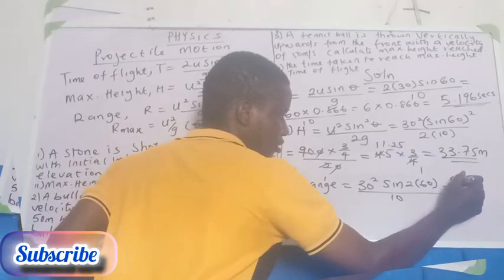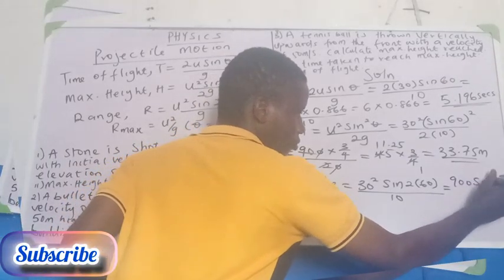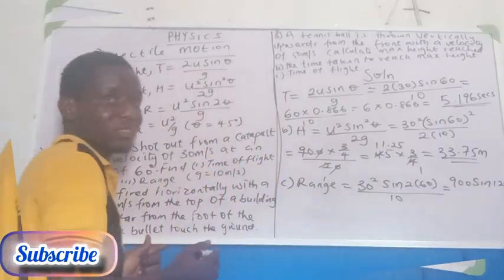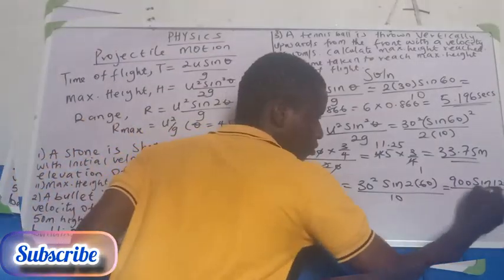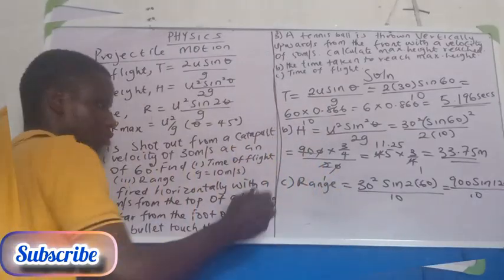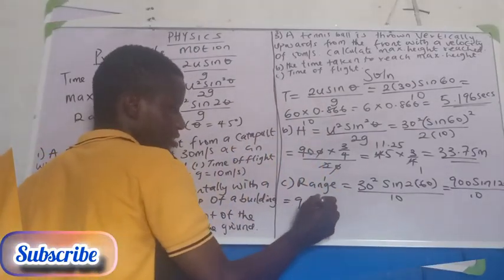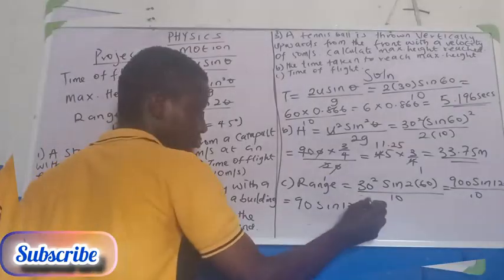So which is 900 sine 120 over 10. It means you're going to have 90 sine 120.